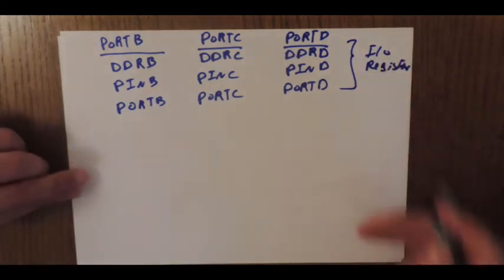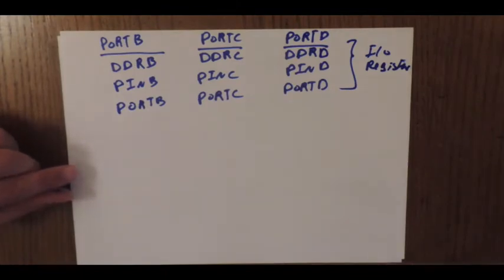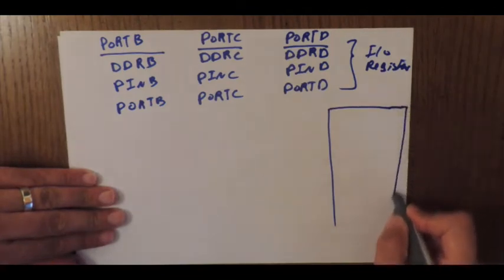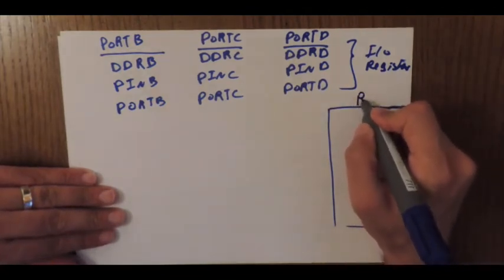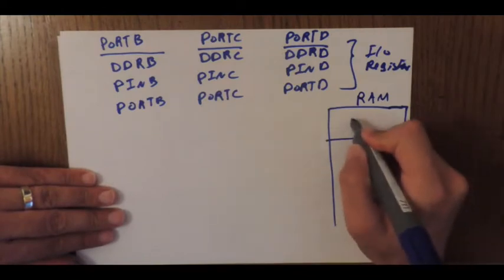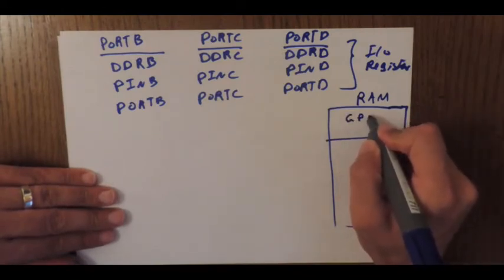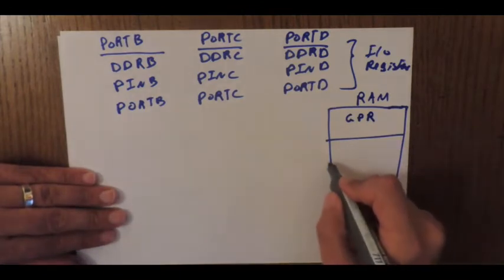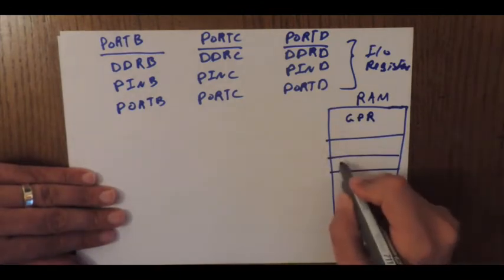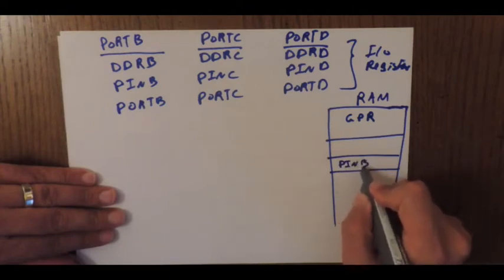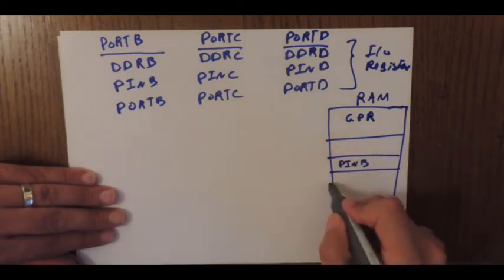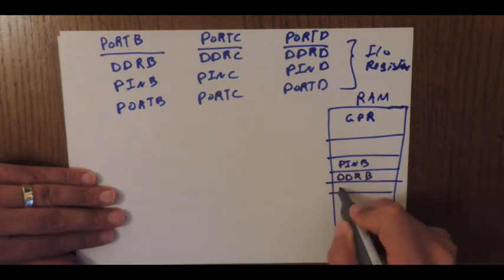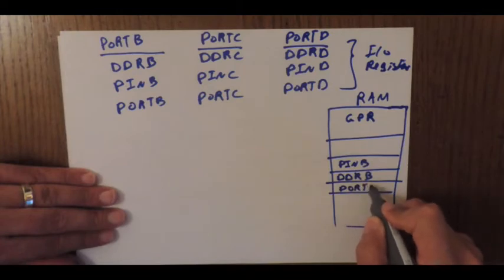So if I want to look at the I/O, let's say this is the RAM. We have here the GPR, and the I/O part, we have PIND, PINB here, for example. We have DDRB, and we have PORTB.